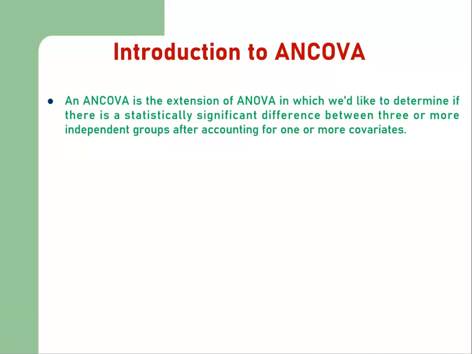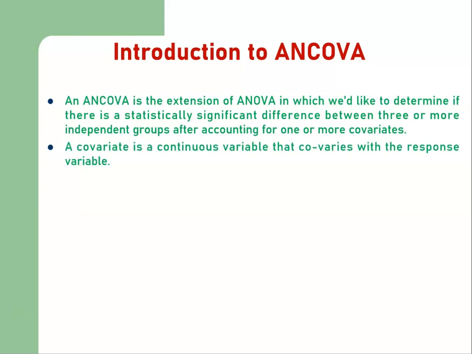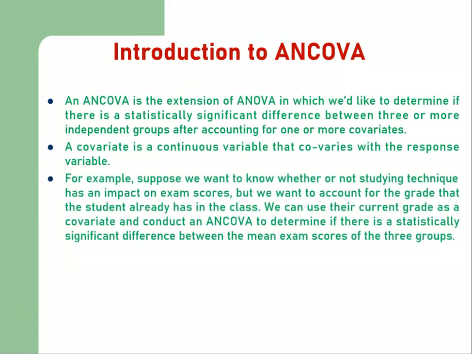Now, what is a covariate? A covariate is a continuous variable that covaries with the response variables. For example, we want to know whether or not studying technique has an impact on exam scores, but we want to account for the grade that the student already has in the class.